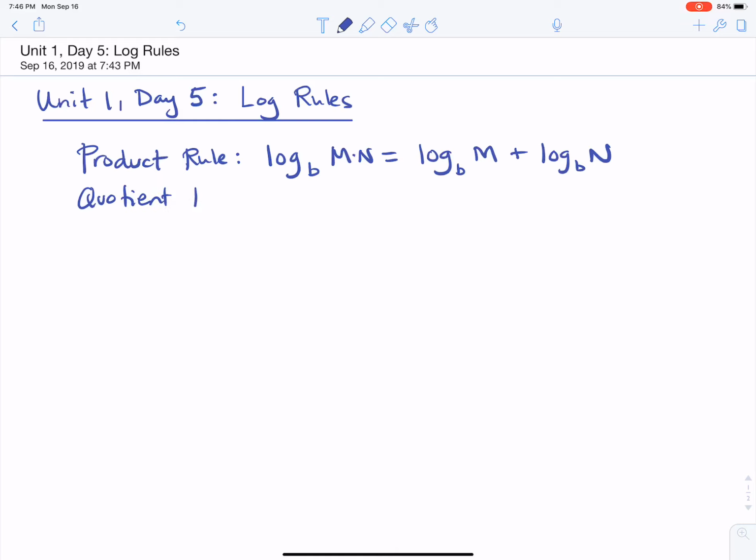Then the quotient rule, which says if you have log base b of m divided by n, that you get log base b of m minus log base b of n. And we did this whole investigation in Math 3 that used numbers to prove why these work.